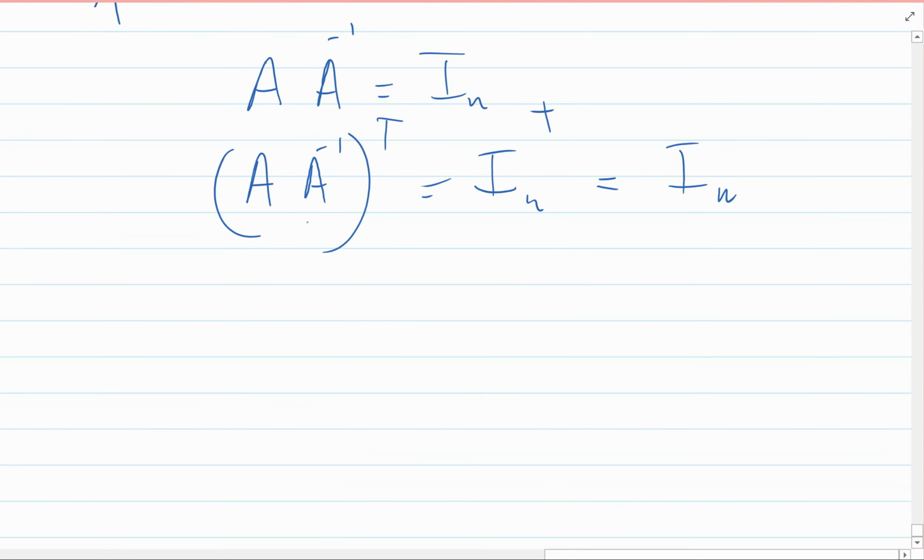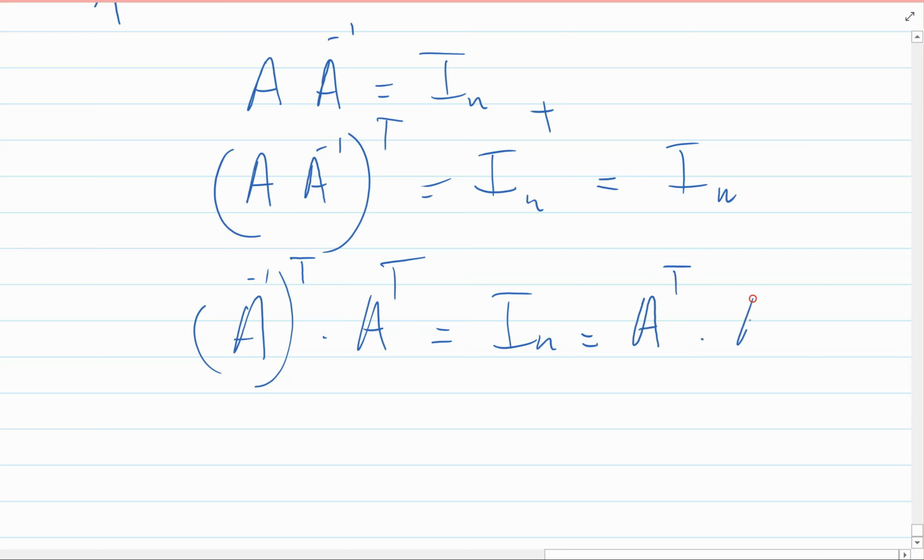And now we use the beautiful property of the transpose of a product. So this will be (A inverse) transpose times A transpose equal to In. And if you now use A inverse times A, you will also get A transpose times (A inverse) transpose. So you found a matrix B, which is (A inverse) transpose, such that it multiplies A transpose from both sides and gives you In.